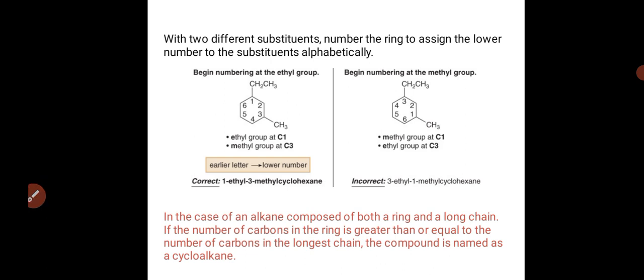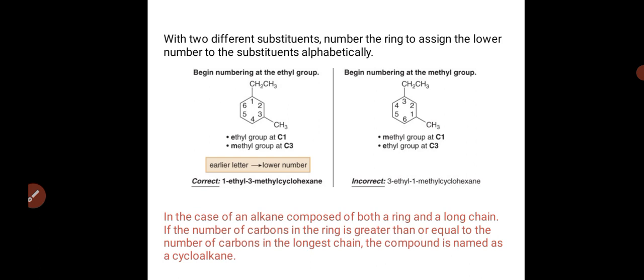Then with two different substituents, number the ring to assign the lower number to the substituent that comes first alphabetically. So if we have more than one substituent and they are different, you give them the lowest number. Here at carbon 1 we have ethyl and at carbon 3 we have methyl, and in the other one methyl is at carbon 1 and ethyl is at carbon 3.